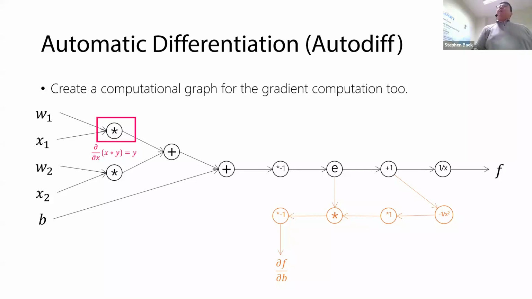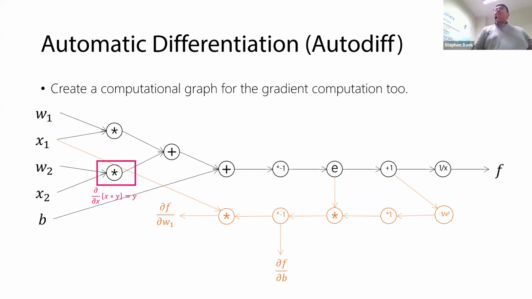The multiplication node over there: we know that for W1 times X1, if you take the derivative with respect to W1, the derivative is going to be X1. On the other hand, if you take the derivative with respect to X1, then the derivative is going to be W1. So what happens over there is we basically multiply the value of this node to produce the df/dw1.